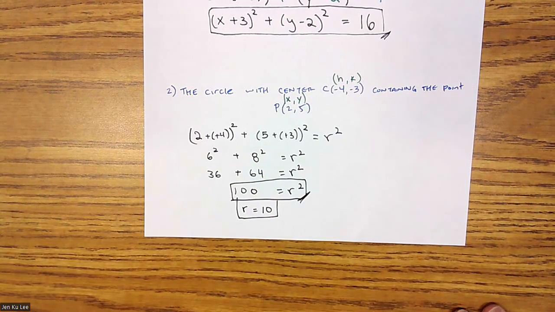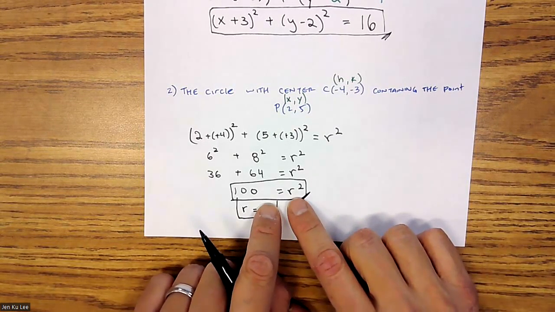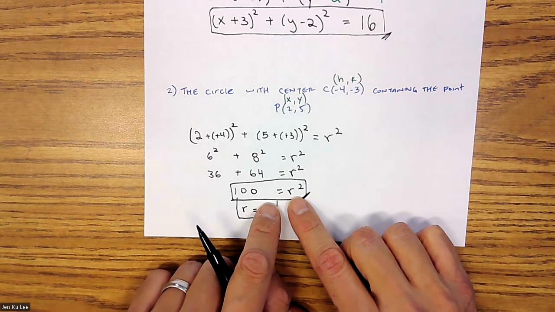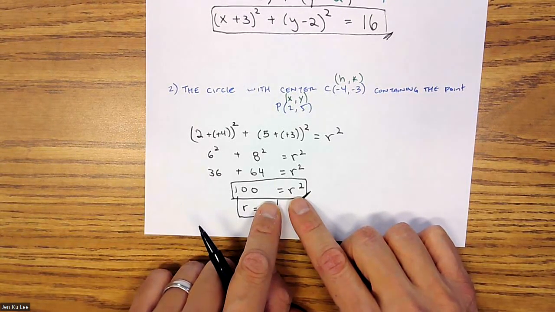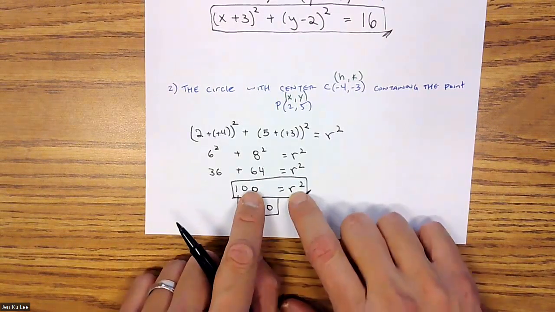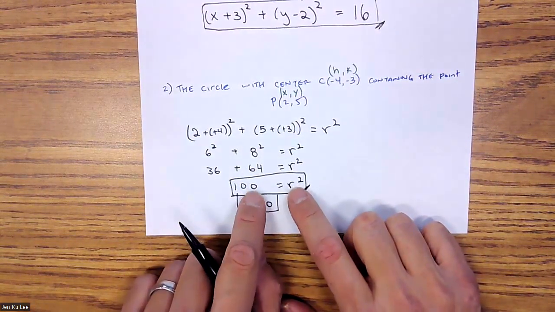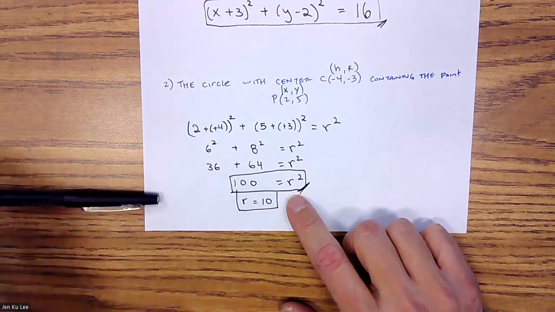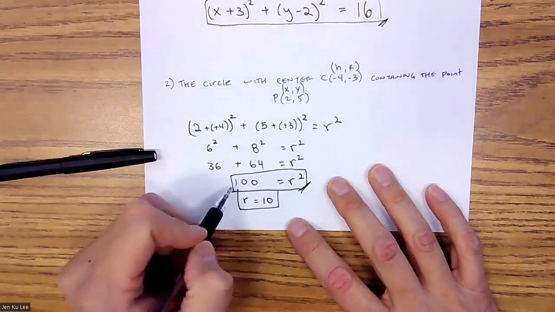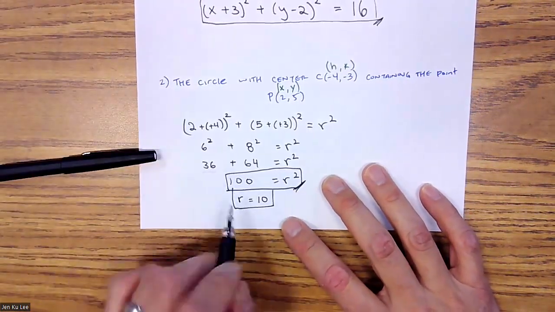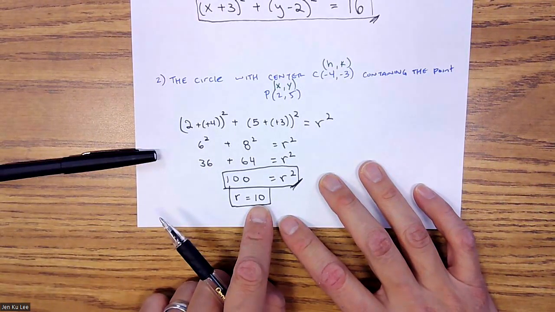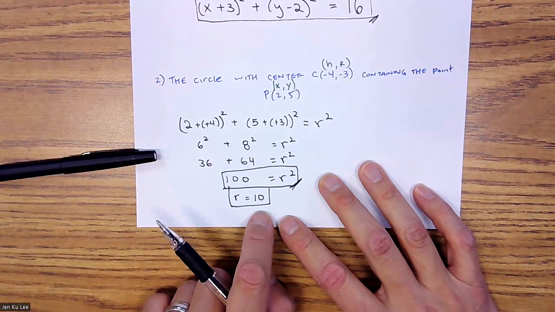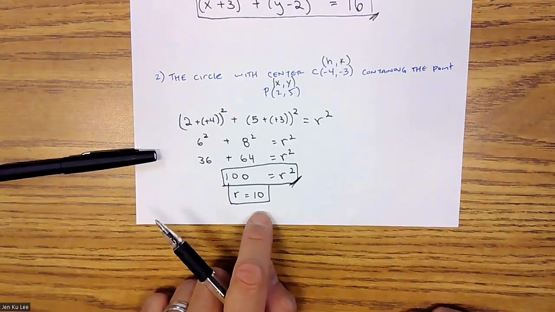Wait, isn't it plus or minus 10? Right? In our previous module, when we started solving equations, if I square root both sides, I'm not going to square root here on the paper, but you can imagine I square root both sides, it's plus or minus 10, correct? Your answer previously would be plus or minus 10.